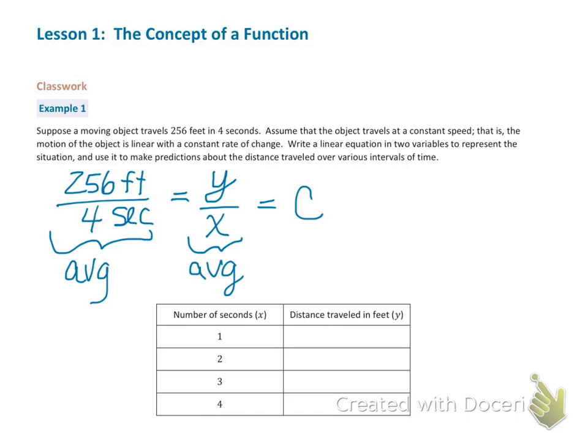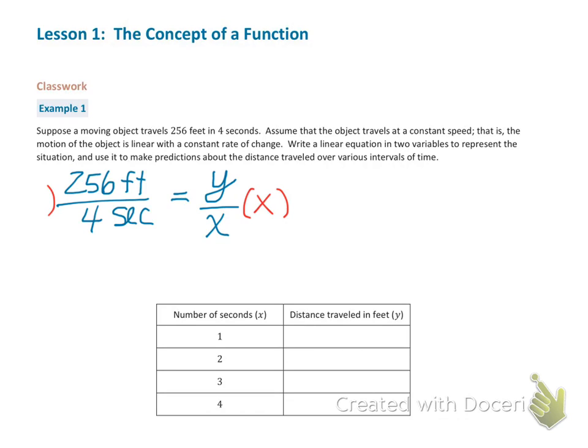Okay, so if we have that, let's get rid of all the extra stuff there. We have this relationship, and if I multiply both sides of this equation by x, then I can rewrite this as looking more like a linear equation that we're used to.